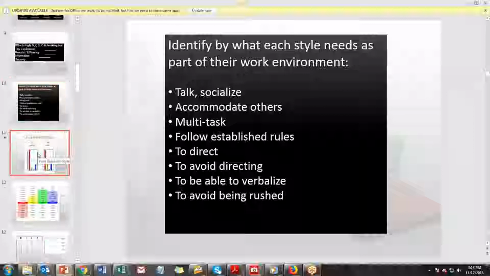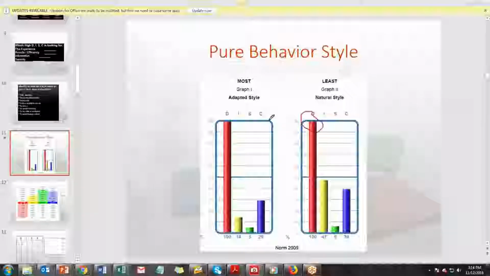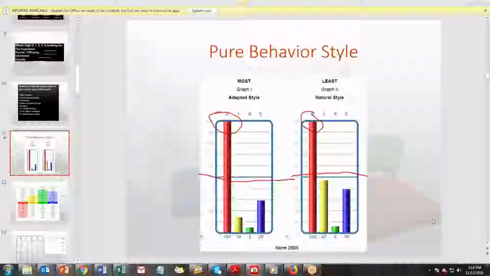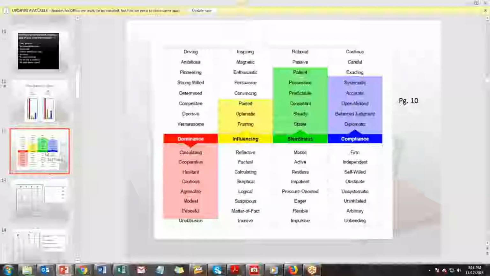Let's talk a little bit about what a pure behavioral style is. This is from chapter, I can't remember, maybe 1, maybe 4, but a pure behavioral style has one color above the energy line. We'll talk about what the energy line is shortly. Now, I'm going to have a little entertainment here to see if you can move my mouse.